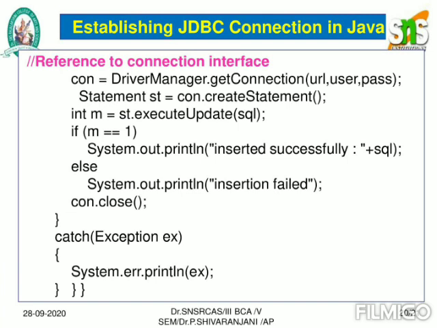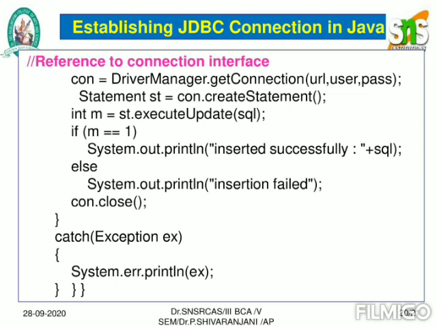The next thing is I'm making a reference to the connection interface: con equal to DriverManager.getConnection. I'm passing the URL, the username and password, and I'm getting the statement by using the object called st, which will help you create a statement. Now I'm going to execute the particular statement.